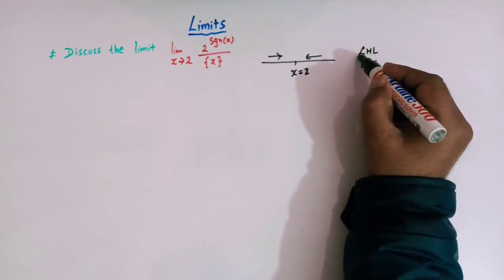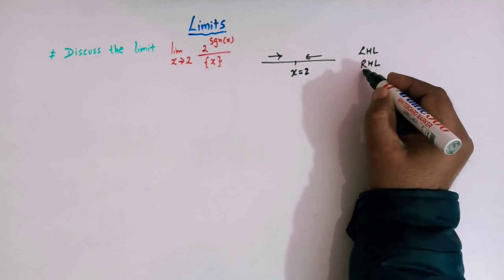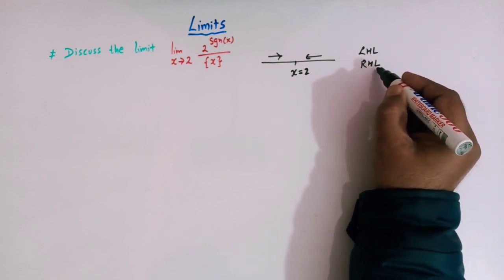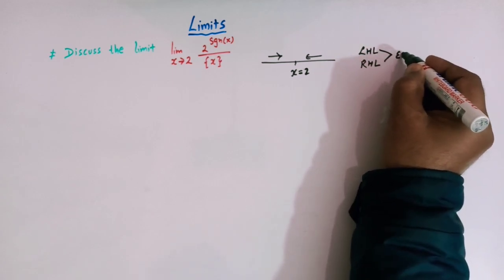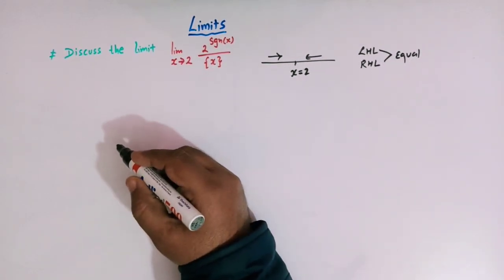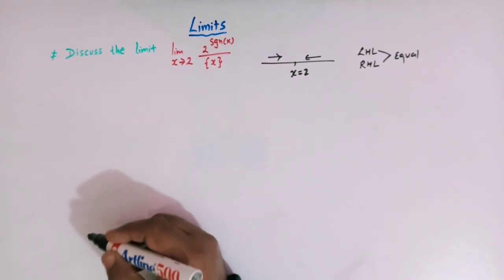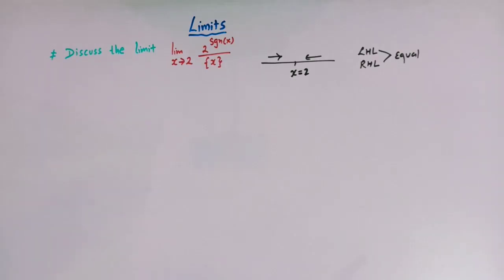If the left hand limit exists and is finite, and the right hand limit also exists and is finite, and both limits are equal, then we can say that the limit exists. So let us first find the left hand limit.